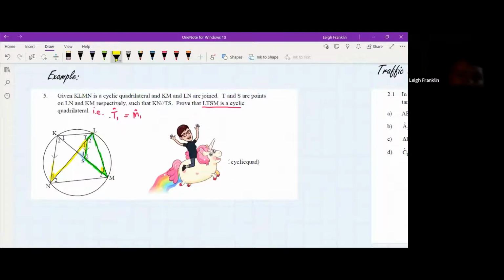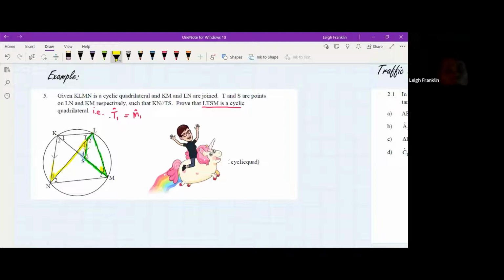Angles in the same segment. Exactly. So there you can see, N1 is the link between T1 and M1. It's often like that in geometry. You've got to see how these 2 angles are attached to one another. So pick one of them, see what else it's equal to, and then ask yourself, is the other angle also equal to that? Is there some kind of connection here?